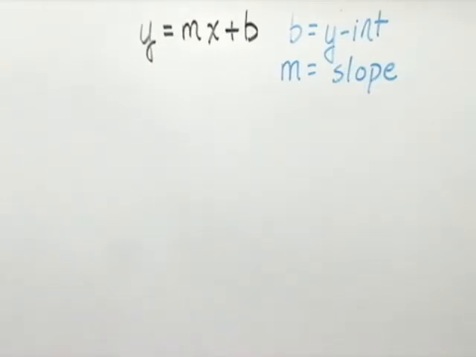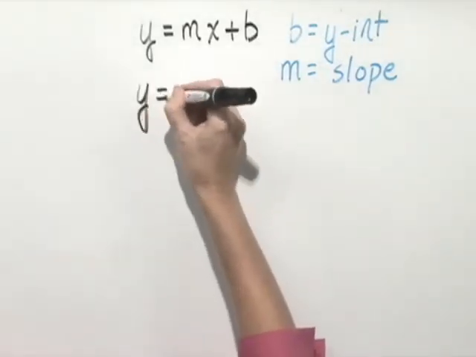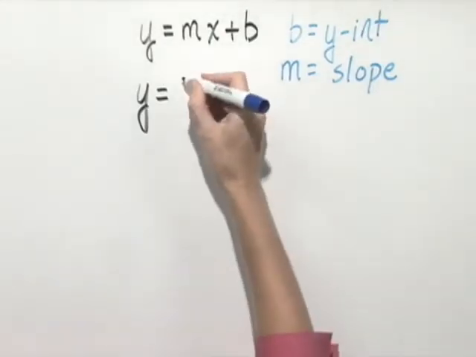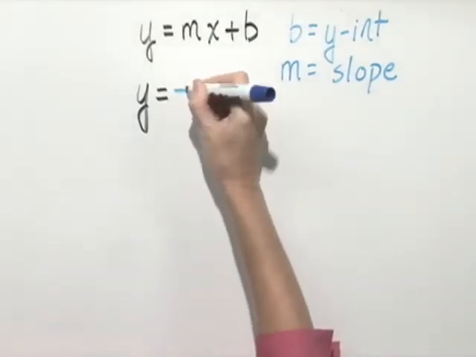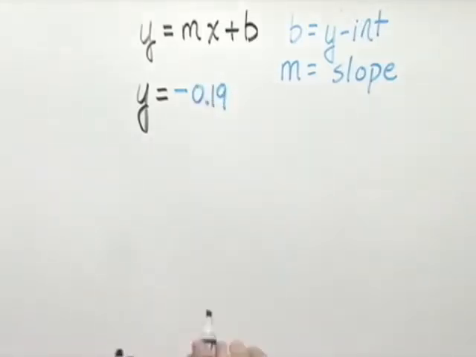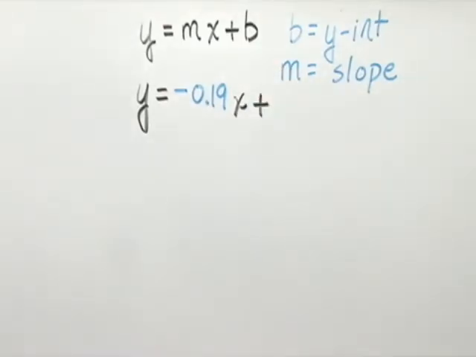So, in our case, we have y is equal to our slope. We were given that there's a decrease of 0.19 seconds per year. So we'll substitute in 0.19 with a negative sign because it's a decrease, negative 0.19 times x, plus b really is represented by the y-intercept, or the original function value at time t equals 0.